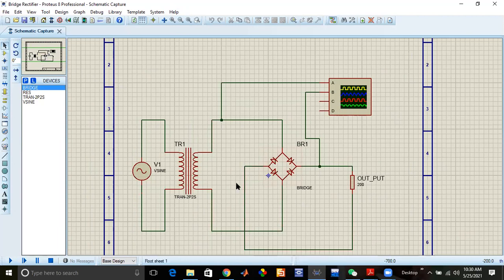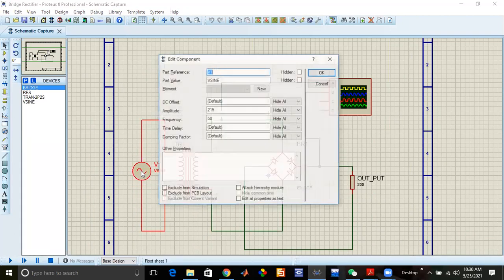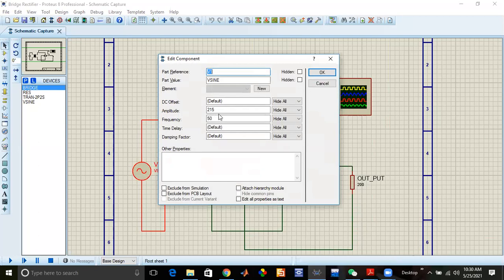This was our previous task, and you see this is 215 or 315.